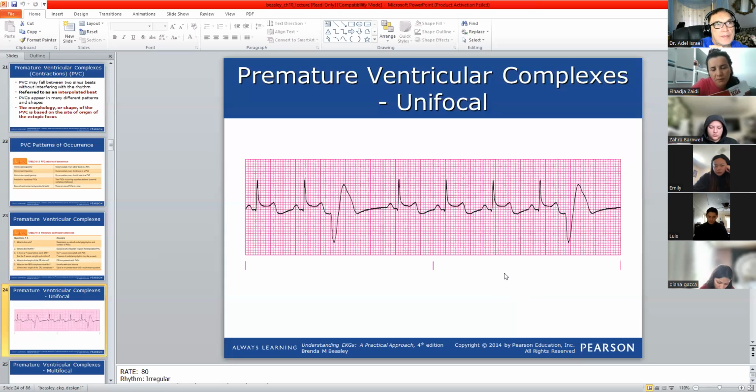And P wave is present. QRS is the third and the last one. Perfect. It's wide, bizarre. Very good. So far, it is wide bizarre. You are going to mention it is ventricular.